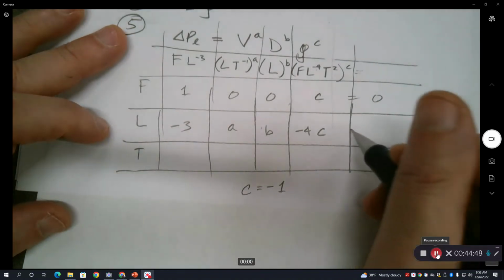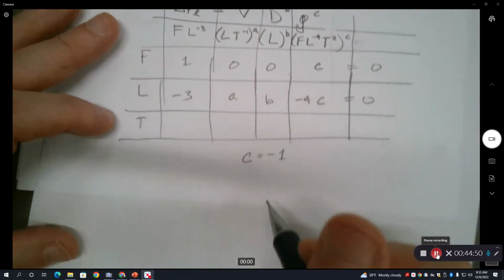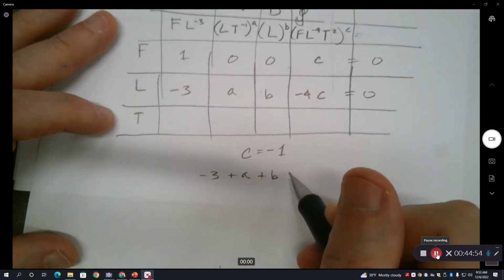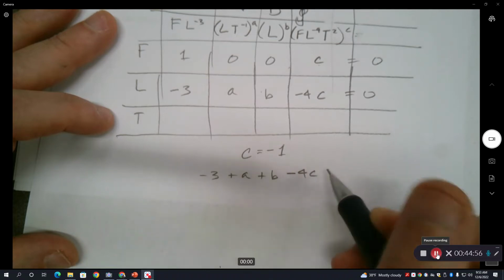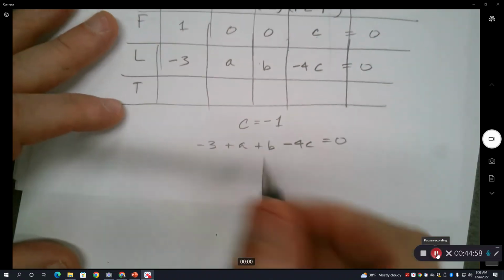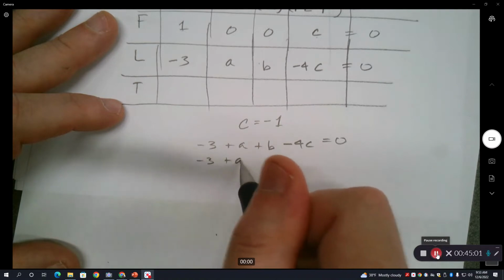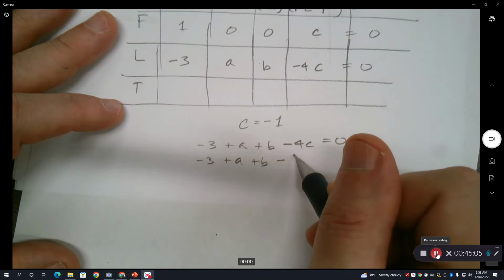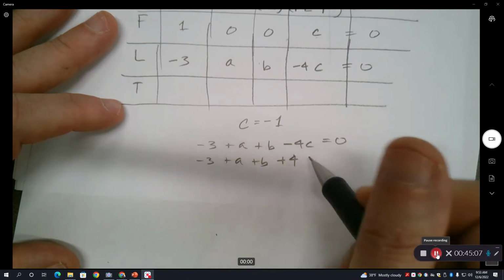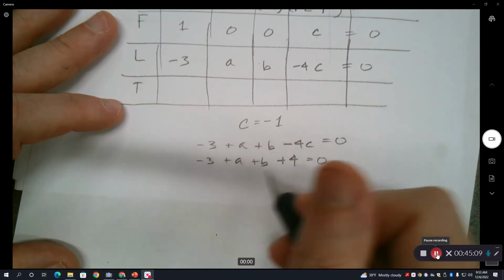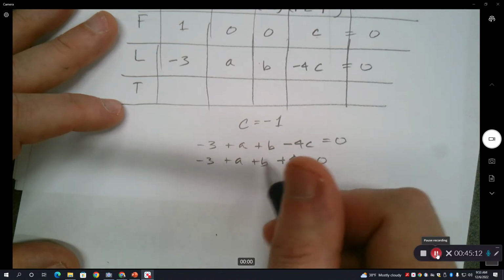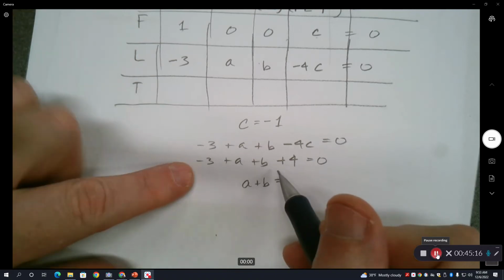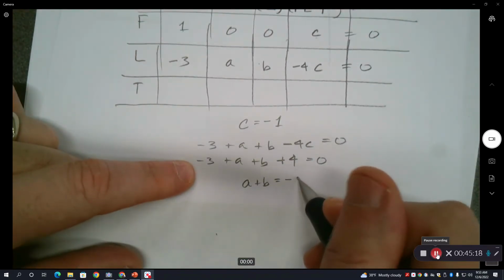All right, so let's see, I'll write down negative 3 plus A plus B minus 4C is equal to 0, and therefore negative 3 plus A plus B, and then minus, so the action would be plus 4 is equal. So what we've decided there is that A plus B is equal to negative 1, right?